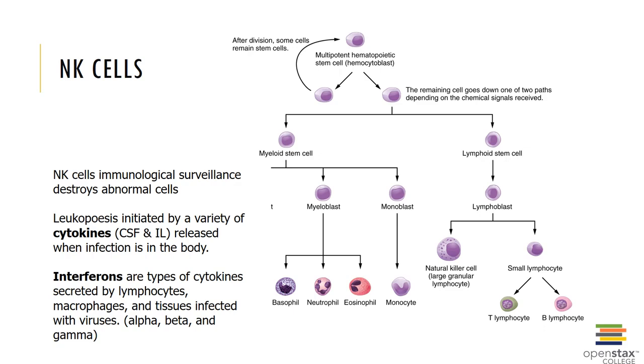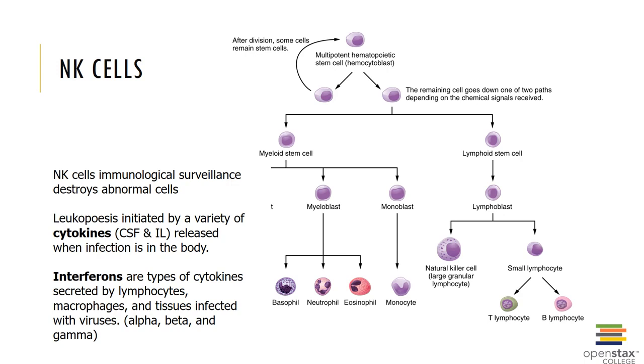Cytokines and interferons. Cytokines are also known as chemokines that destroy the organism. Interferons are an example of a cytokine secreted by lymphocytes, macrophages, and tissues infected with a virus. There are 3 types of interferons: alpha, beta, and gamma.